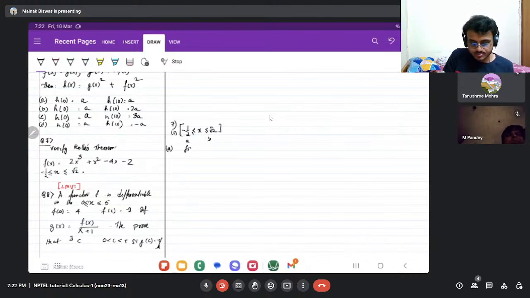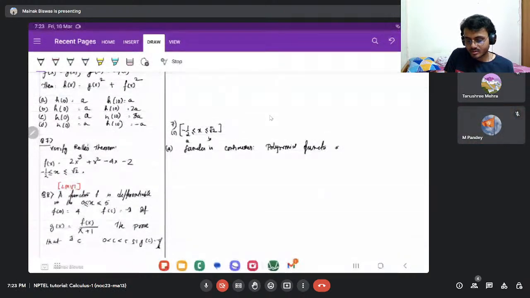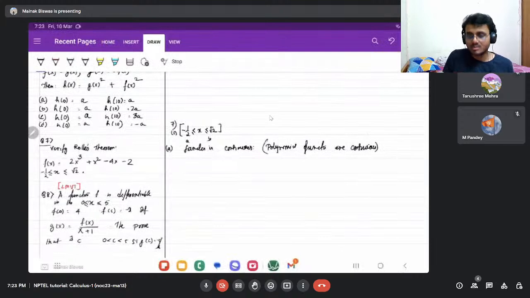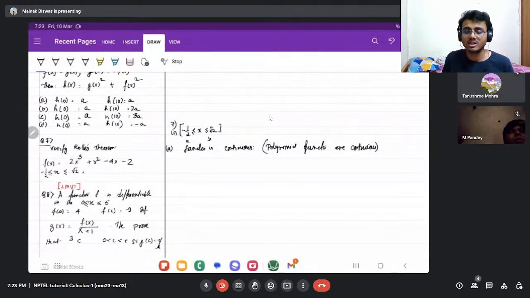The function is continuous. You agree it is a continuous function? It is a polynomial function, and polynomial functions are always continuous, right? Because all of these, x cube, x to the power 4 and so on, are defined for all real number values, so there is no case of discontinuity.